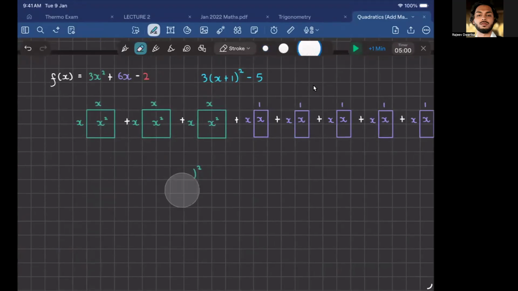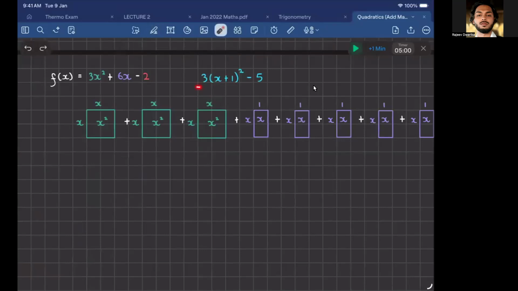Serena, and this is just going off on a wild goose chase, but I think it will make sense. Serena, notice we have 3 by x plus 1 squared. Yes, sir. Okay, so I'm going to speculate here.